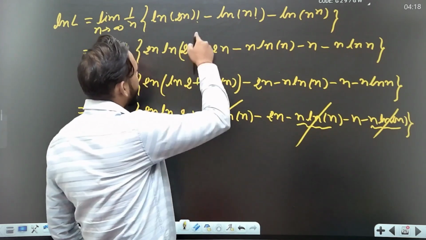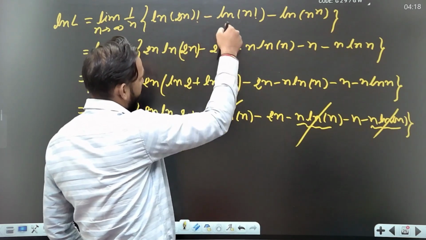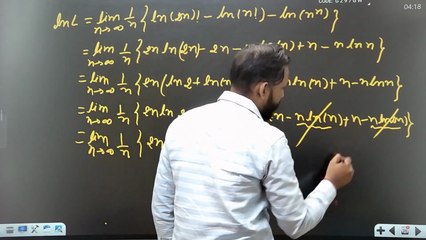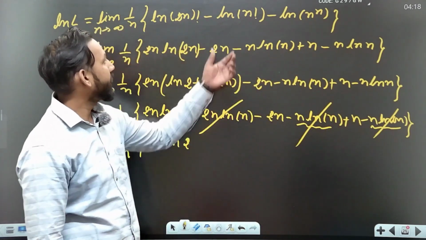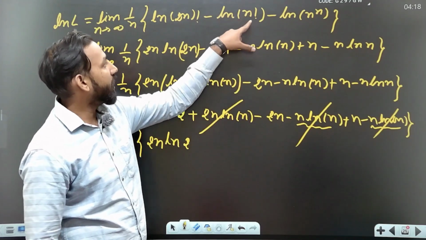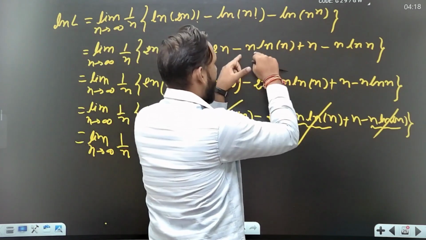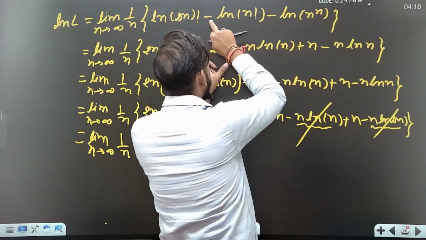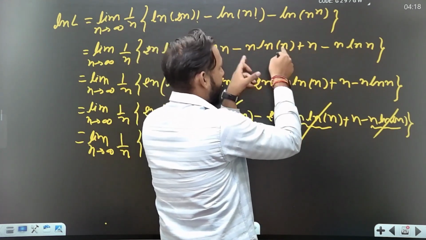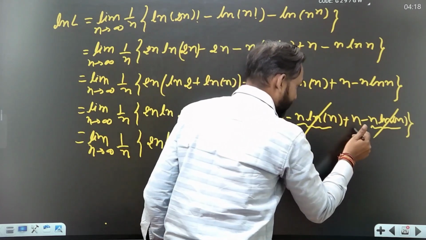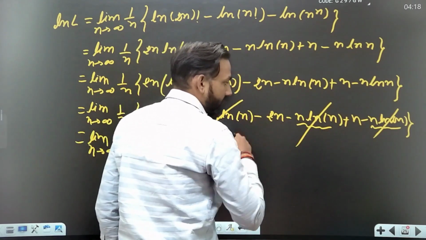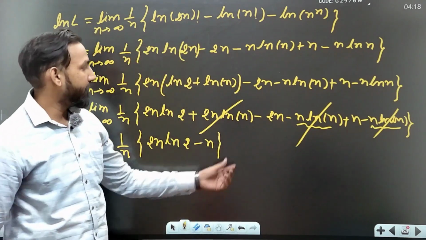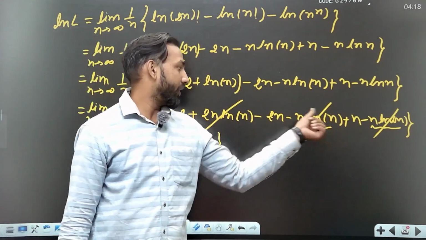If there is negative, then negative times negative is positive, this n will be positive, because we write it ln factorial n to bracket ln n minus n. If the minus multiplies the bracket, then minus minus plus, so this n will be positive and this 2n, then we have minus n here. If we subtract n from this 2n, we get minus n.